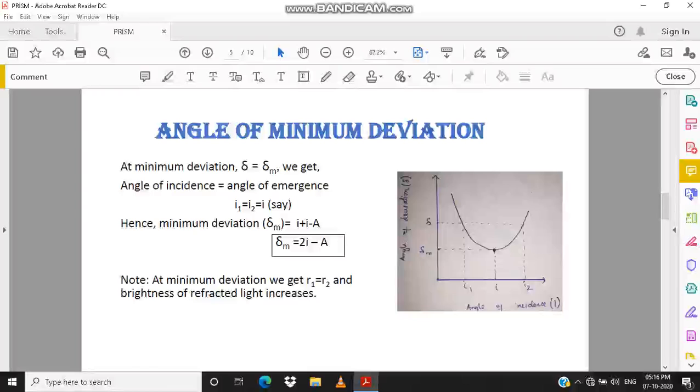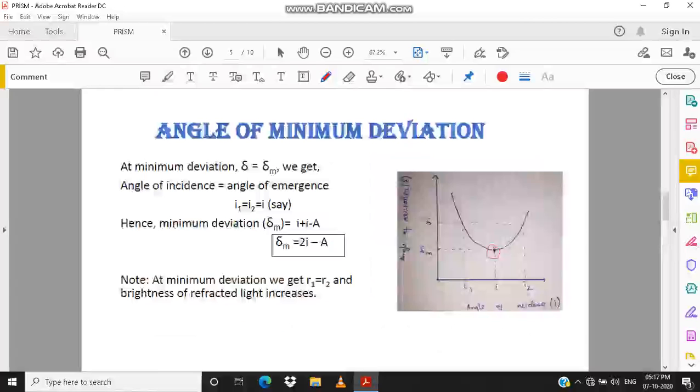So this is important. This one is important, that is, this is the minimum. At minimum deviation, del is equal to del m, which means that the angle of incidence equals the angle of emergence.